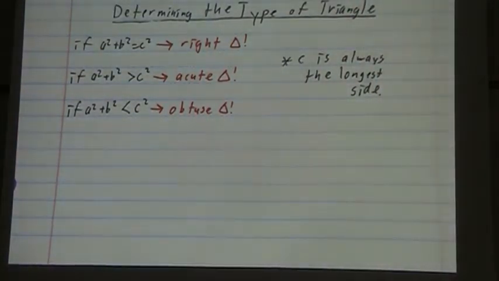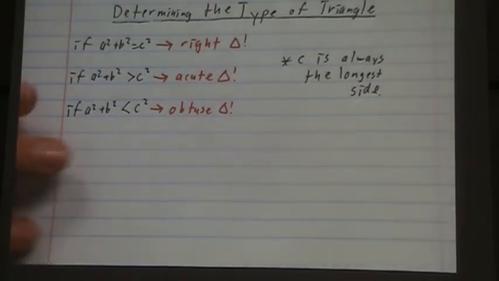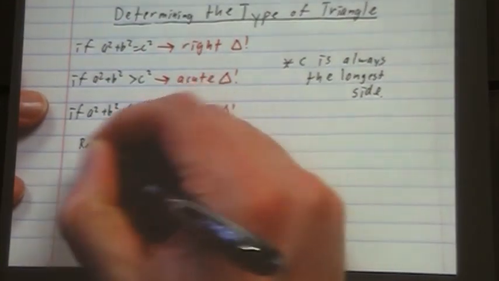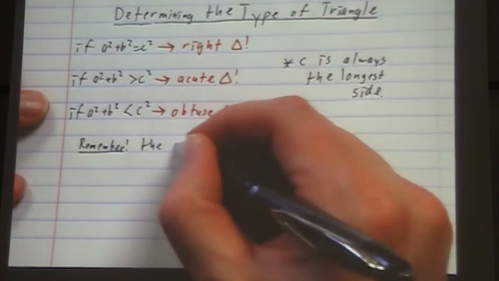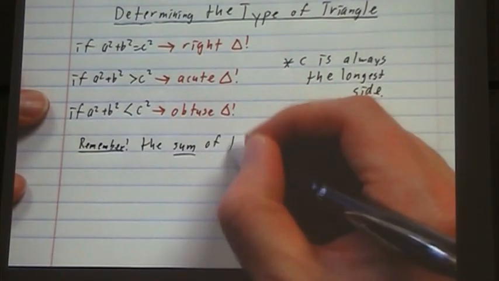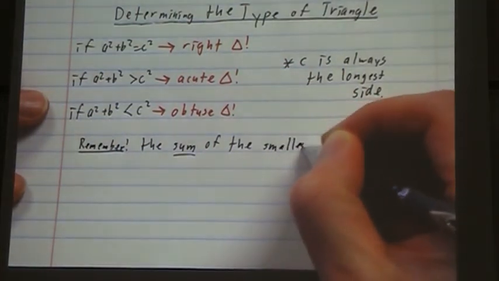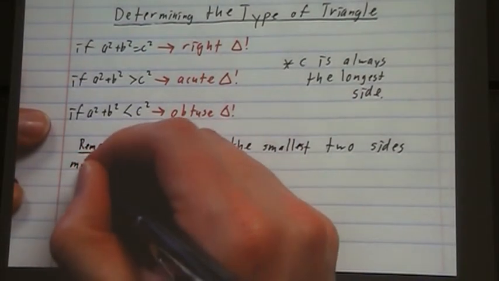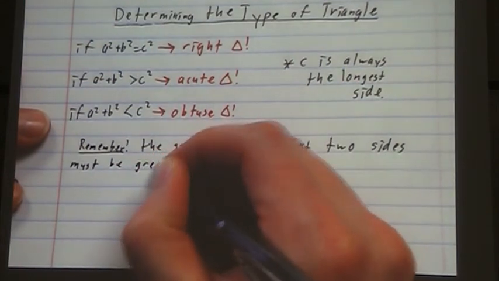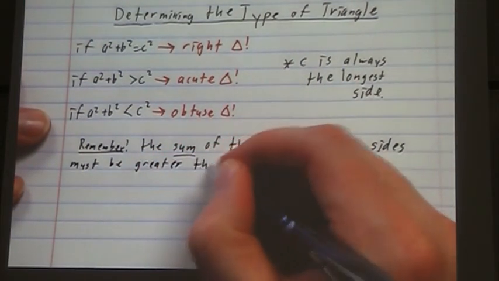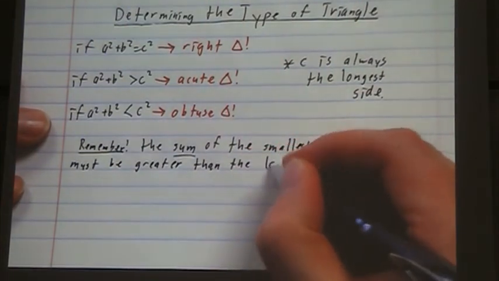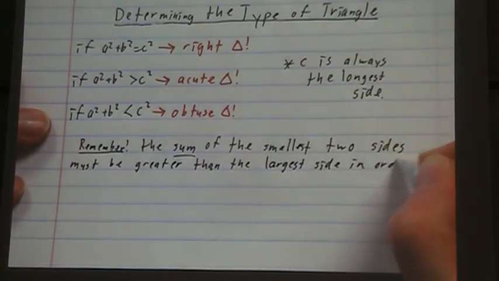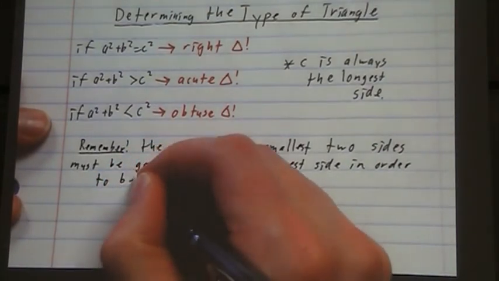And one thing to remember back from, oh boy, earlier, I think chapter 6, remember that the sum of the smallest two sides must be greater than the largest side in order to be a triangle.